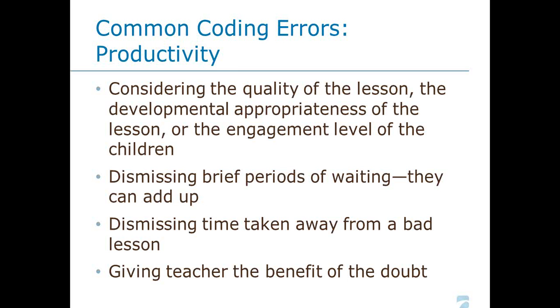You can't consider the quality or the efficacy, the meaningfulness of the activity. I'm not sure that's a real word. But it really goes back to that footnote on the bottom of page 49 of your manual, which is that productivity ratings should not consider the quality of instruction or student engagement.